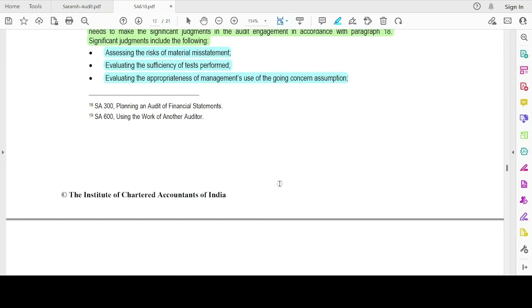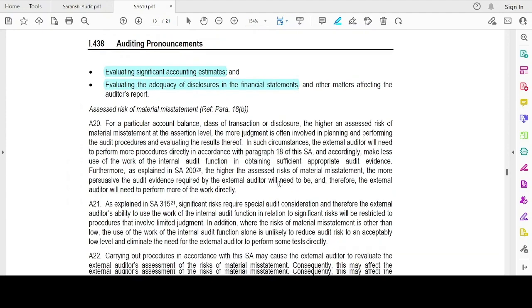See, these are the areas that we test in the audit no matter what, right? If I give all these areas to the internal auditor or the internal audit function, then why am I appointed? They could have done the audit themselves, right? That's why these are the areas that are restricted to be done only by the external auditor.